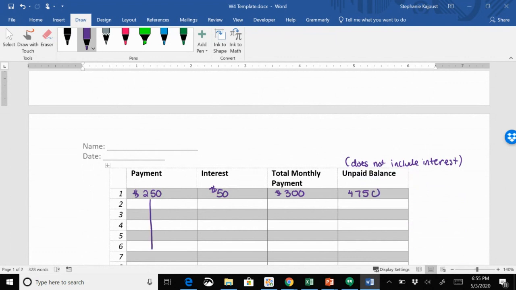This payment is going to be the same number. You're always making a base payment of 250, but what's changing is the interest, and the interest is based off of the unpaid balance. So your total monthly payment is also changing, but the unpaid balance is only going down by 250 each time because the interest is not applied towards that. Does it make sense? Sure.